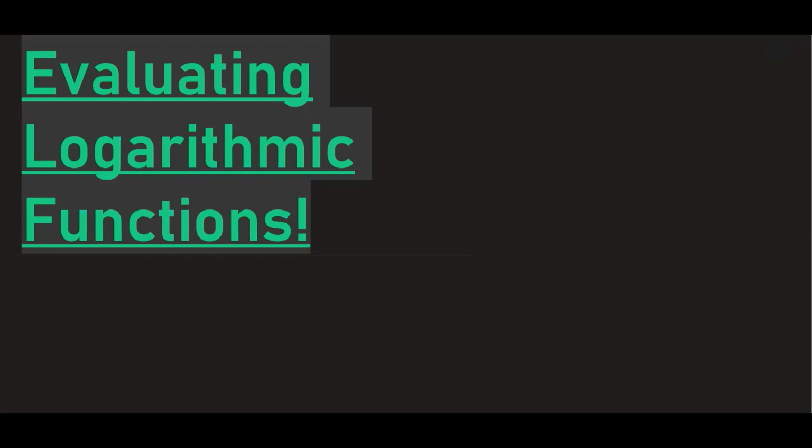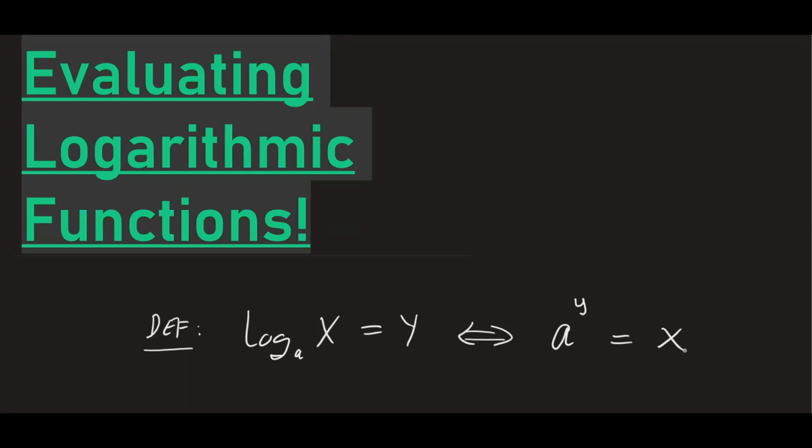In this video, we're going to learn how to evaluate logarithmic functions by using the definition. So let's write down the definition and then we'll do examples. If you have log base a of x is equal to y, then we say that this is equivalent to a to the power y is equal to x.